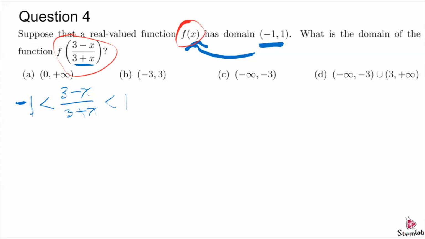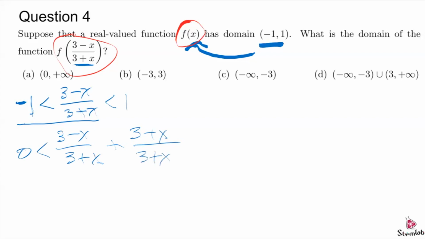Okay, so solving first the left side of the inequality, we can rewrite this now as 0 is less than (3 minus x) over (3 plus x) plus 1, and we'll write that 1 as (3 plus x) all over (3 plus x), just to save one step. So we now have 0 is less than 6 all over (3 plus x).